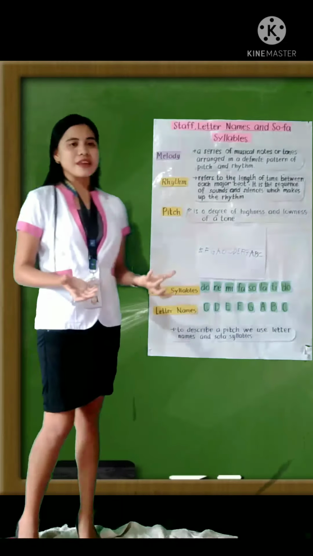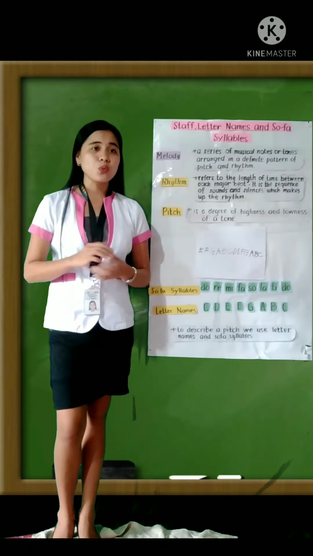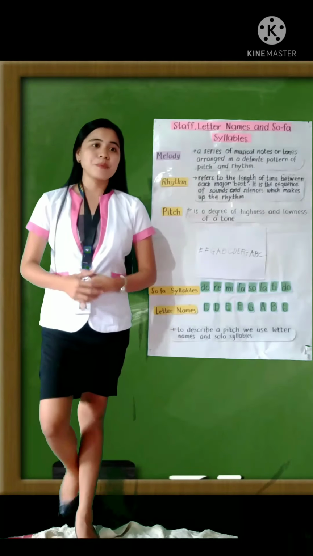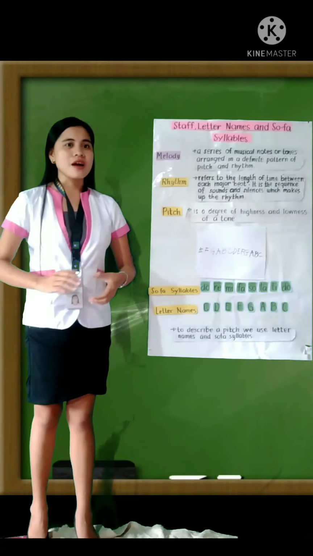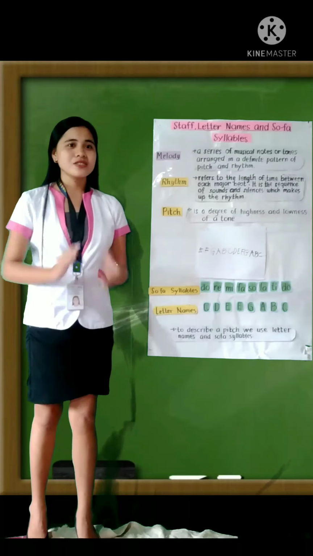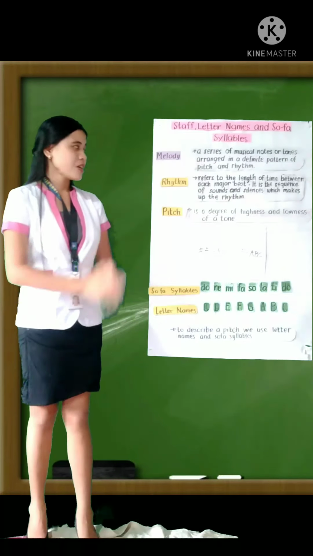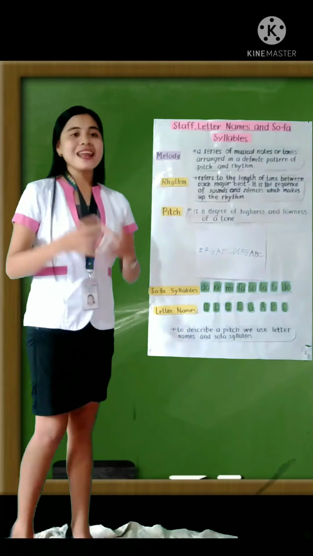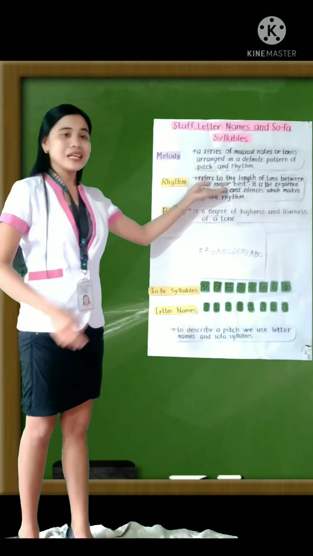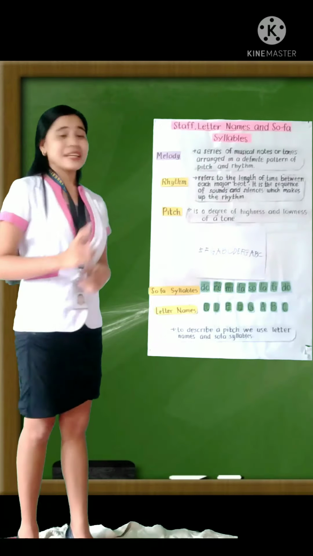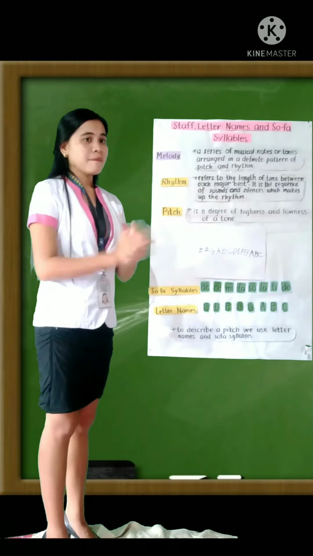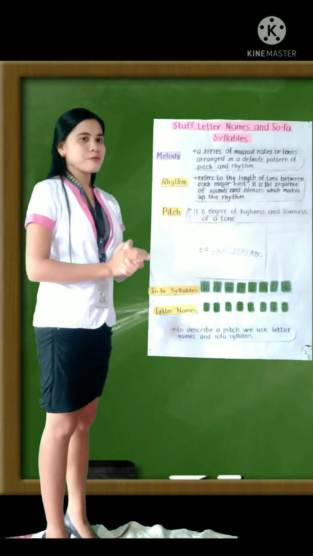For example, as we sang the happy birthday, we clap our hands. Happy birthday to you. So there is a length of time between each major beat. That is why we clap our hands to know the length of time.